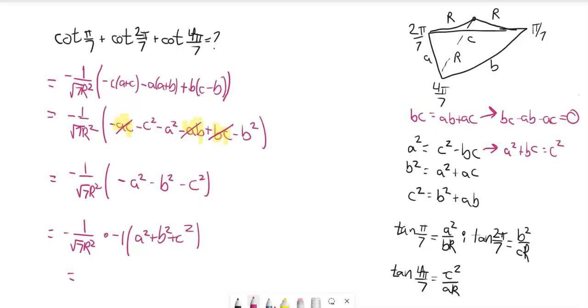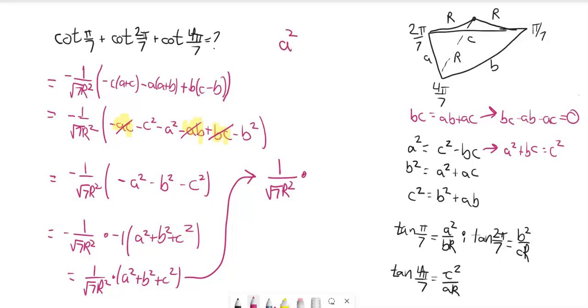What will happen is we get 1 over square root 7r squared times the quantity a squared plus b squared plus c squared. But the interesting thing is, if I remember correctly, a squared plus b squared plus c squared equaled 7r squared. We proved that in an earlier video.